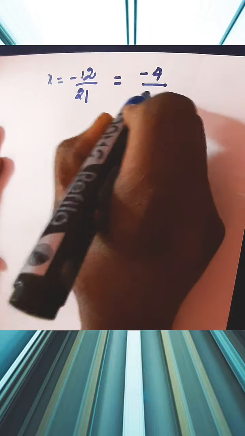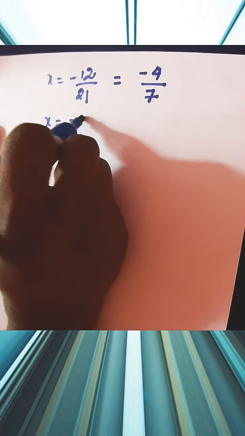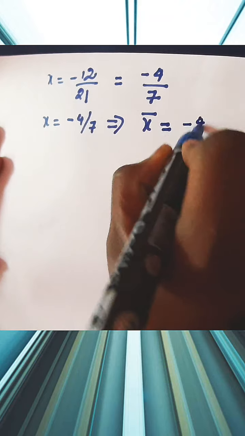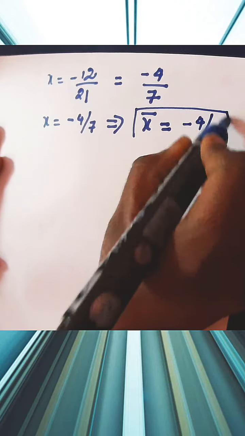What we got? x is equal to negative 12 by 21. Both are divisible by 3. So what will be the value you are getting? 4 3s are 12, so minus 4, divided by 7 3s are 21. x is equal to minus 4 by 7, which implies the arithmetic mean of x variable, x bar, is equal to negative 4 by 7.